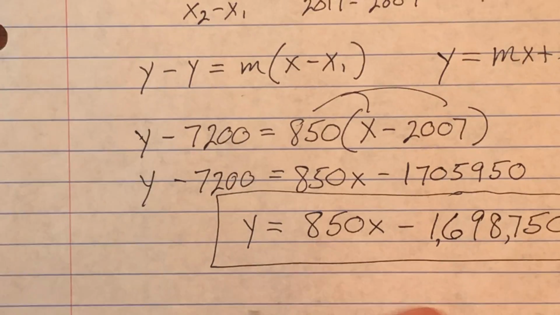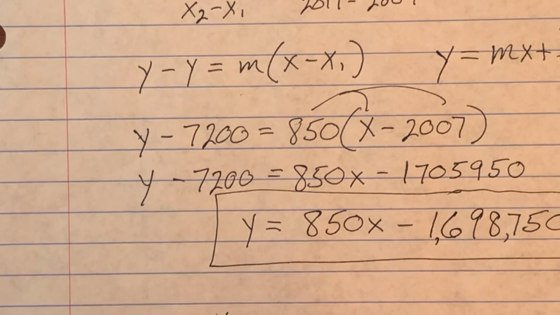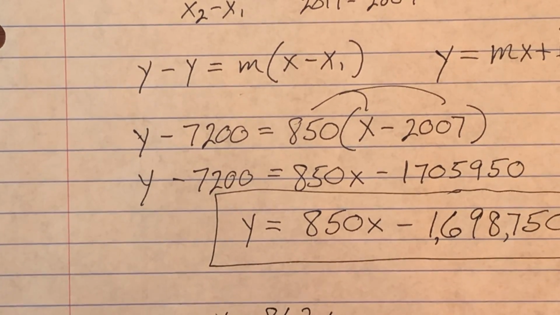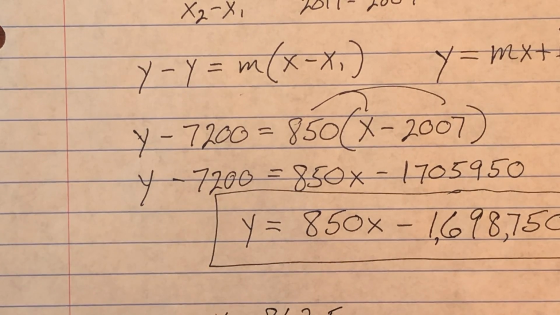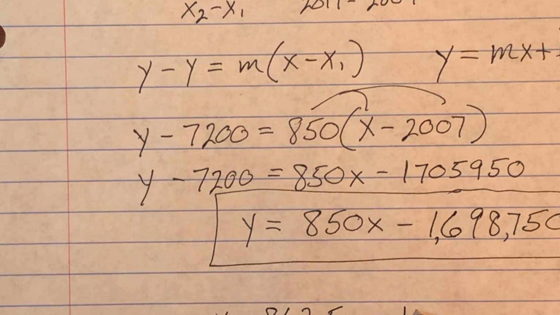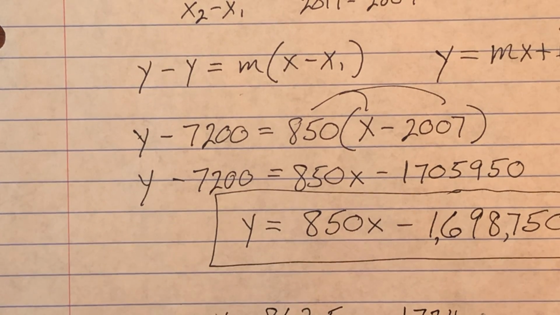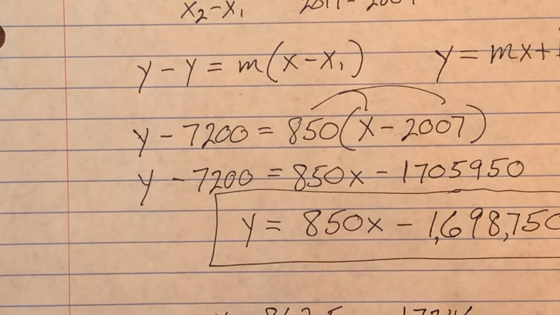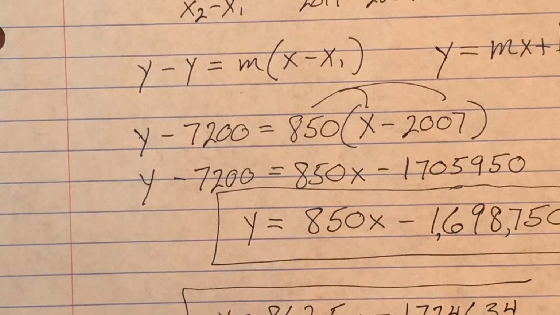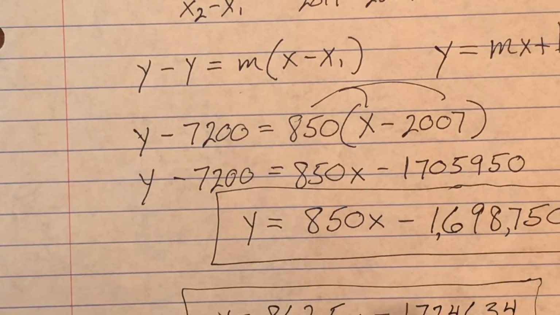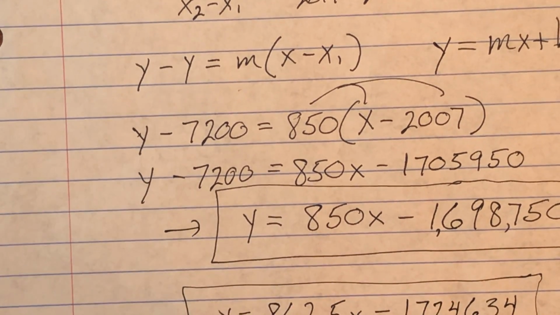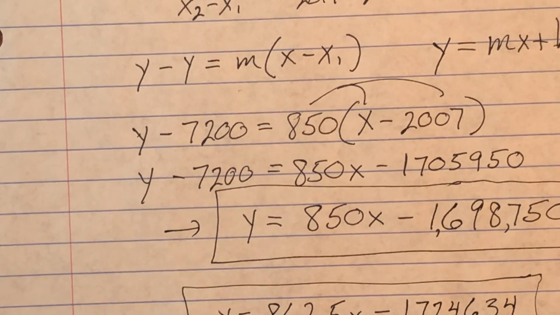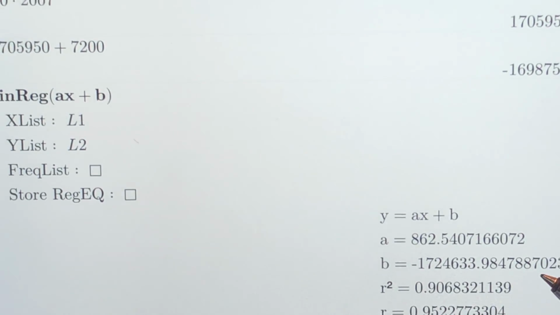Okay, this is what we came up with, and this is what the calculator came up with: 862.5x minus 1,724,634. So with our eyeball, we came up with this one. And the calculator, perfectly making the standard deviation as small as possible, came up with that one. So you can see this A and B.